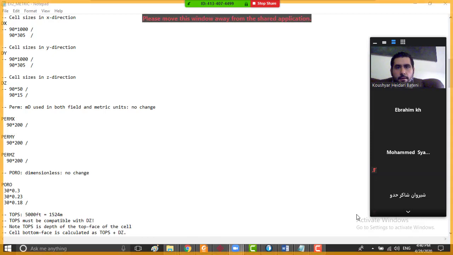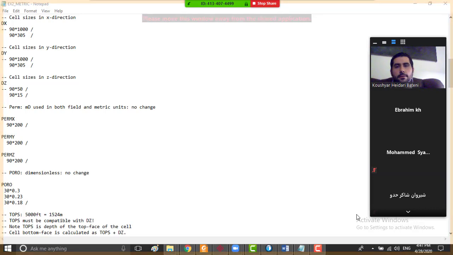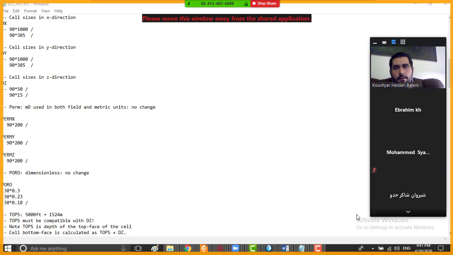When we do that, for example, if the first line in the first layer has permeability equal to 300 millidarcies and the next two lines in the first layer have permeabilities equal to 150 millidarcies, then we have to write 10 times 300, then write 20 times 150.